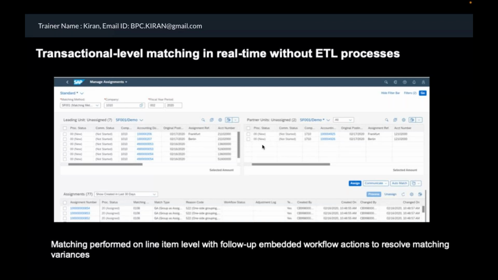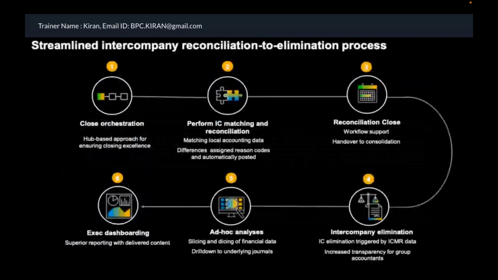This functionality is not available in any of the SAP consolidation products. So it's a streamlined intercompany reconciliation to elimination process. Yesterday I was saying there is SAP integrated intercompany reconciliation with elimination processes in consolidation. You get the data, whatever the way, right?